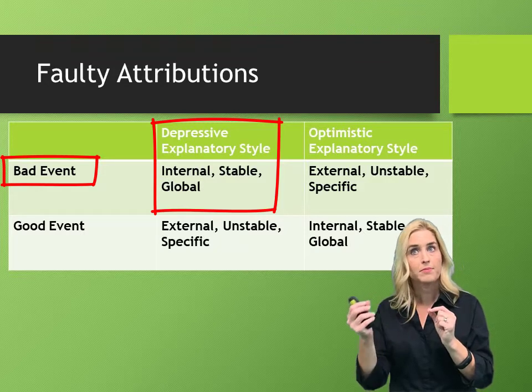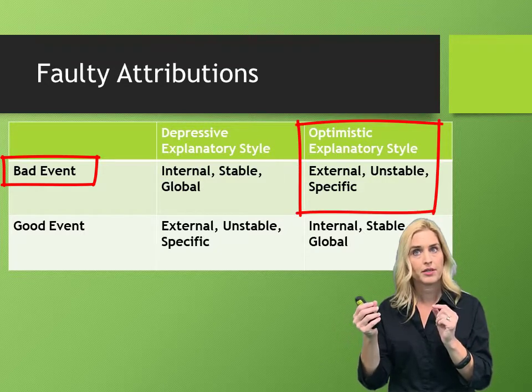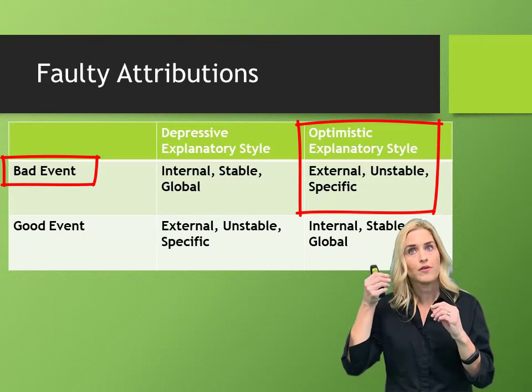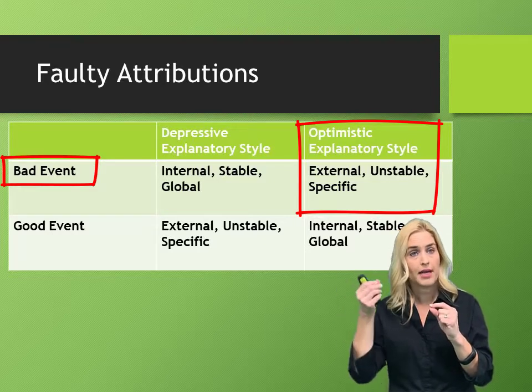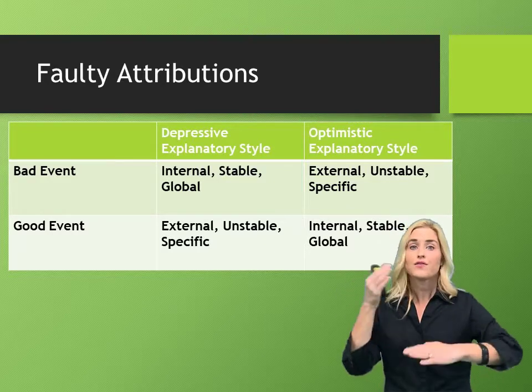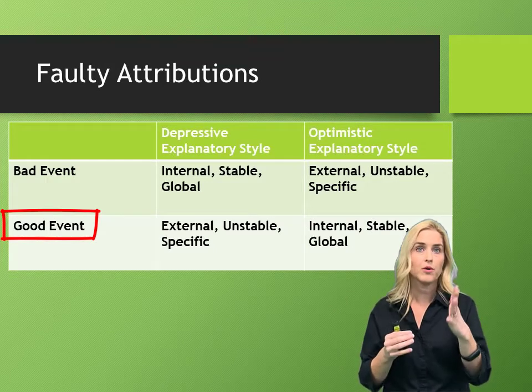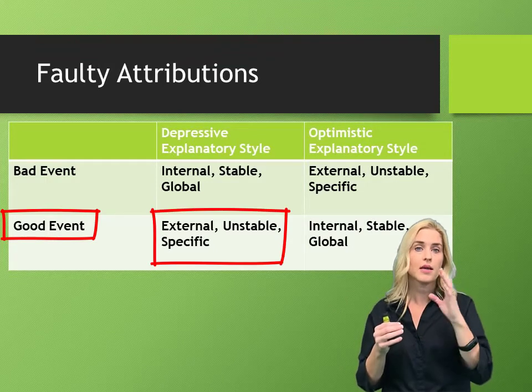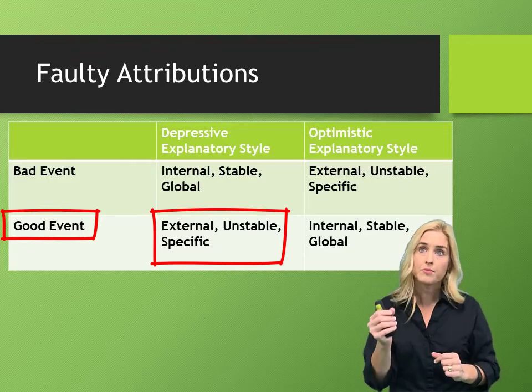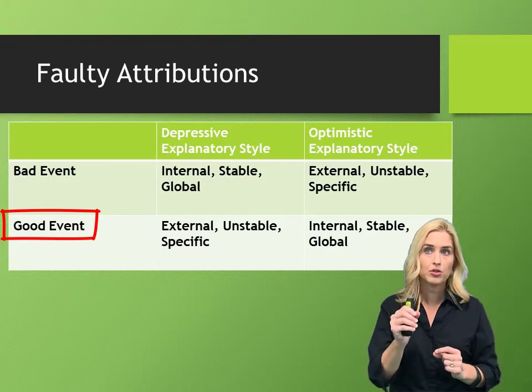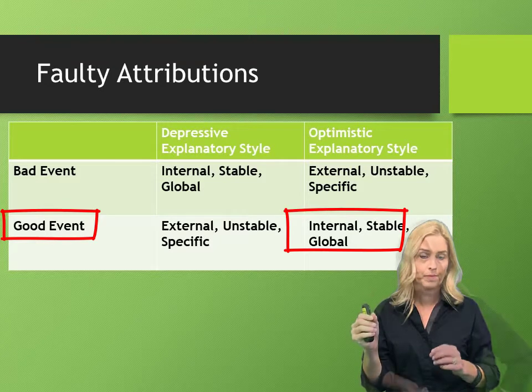Someone who has an optimistic explanatory style is going to explain that in terms of external, unstable, and specific. And it's flipped for good events. So for good events, a depressive explanatory style would be external, unstable, and specific. An optimistic explanatory style would be internal, stable, and global.